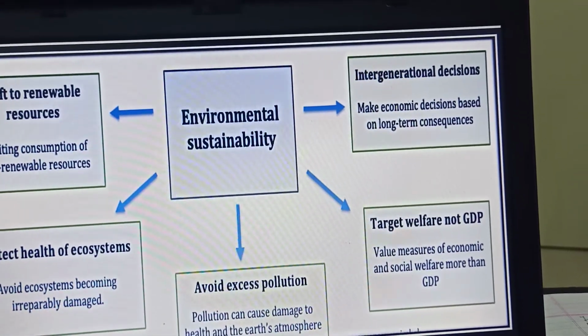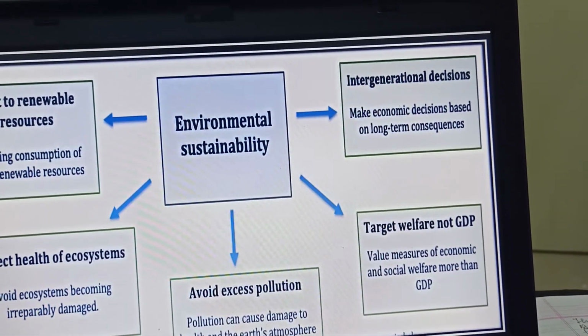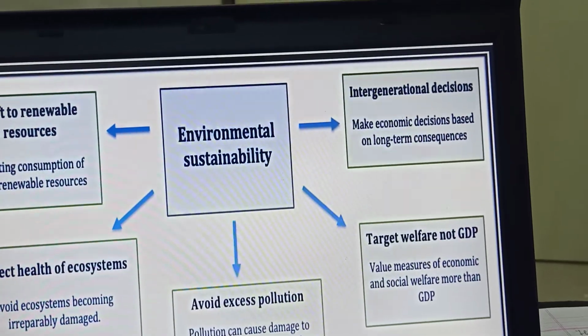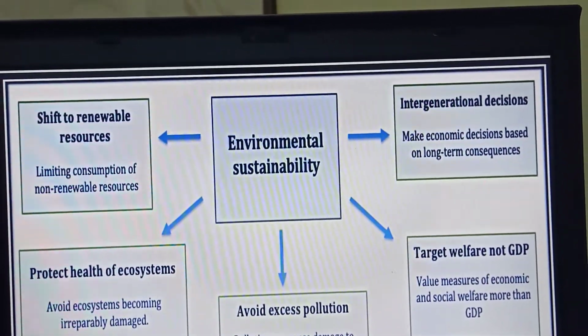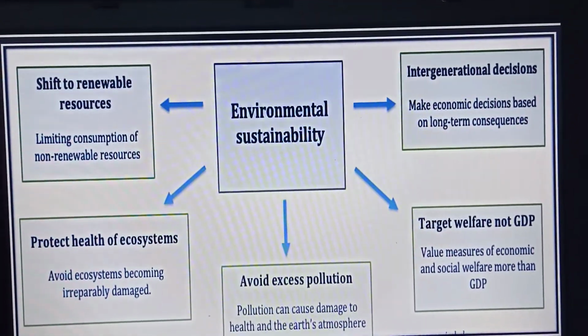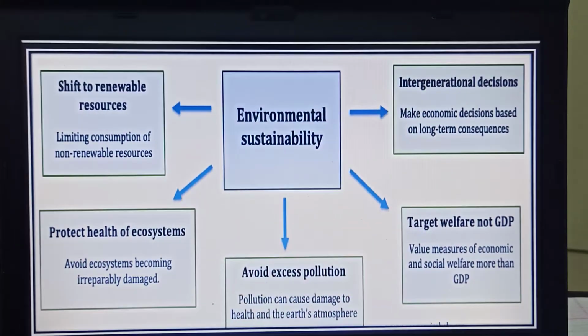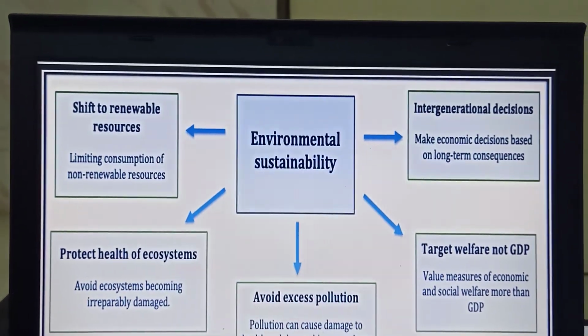Sometimes medicines require elements within specific plant species. If some species go extinct, it limits future technological innovation. Avoiding excess pollution.